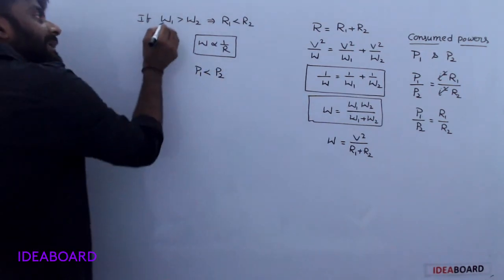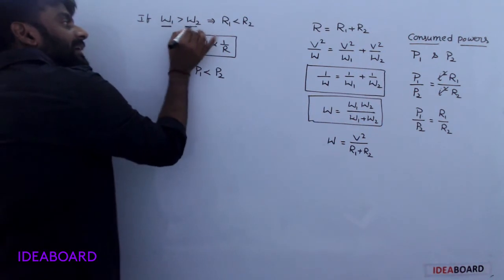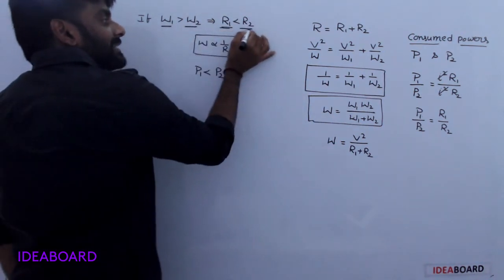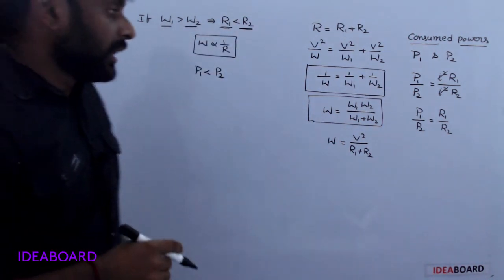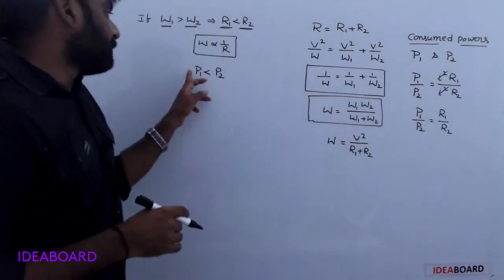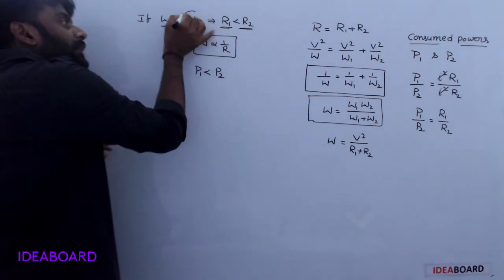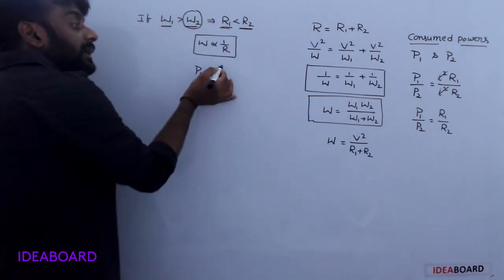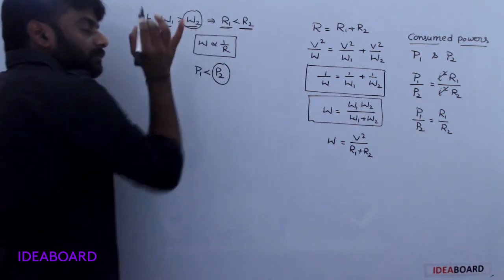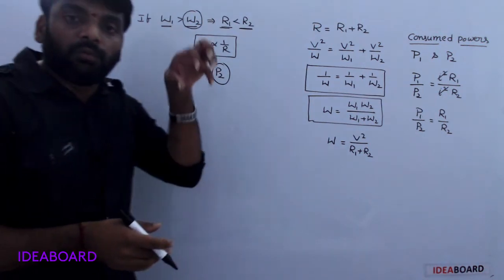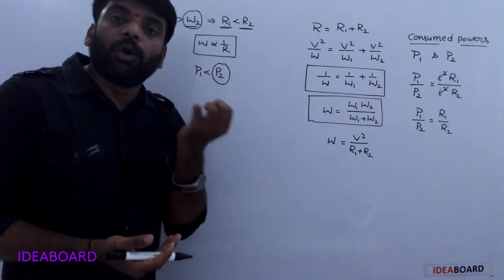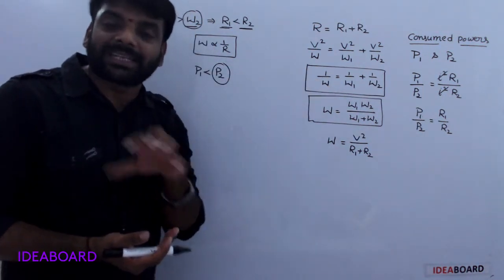Once again, if W1 greater than W2 means R1 less than R2. Based on this one, P1 less than P2. That means W2 is low wattage, and in that one, power consumption is more. Low wattage bulb having more power consumption in series combination.